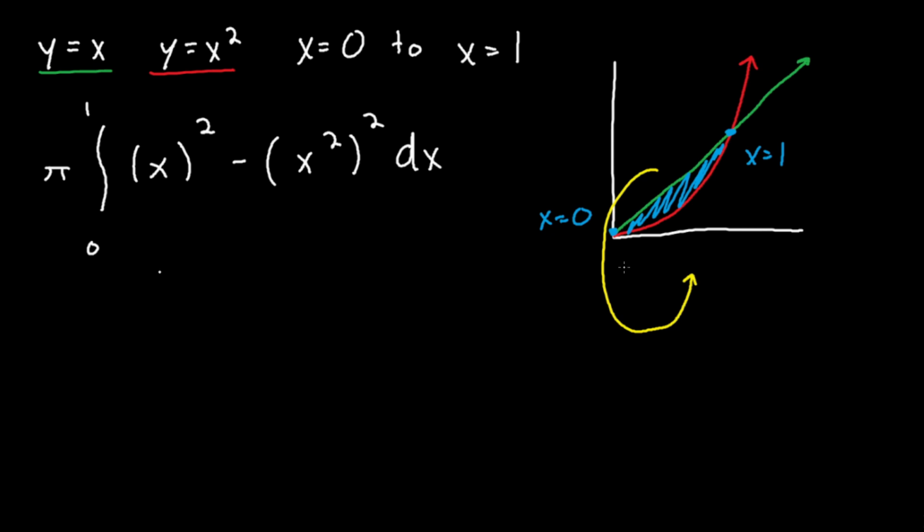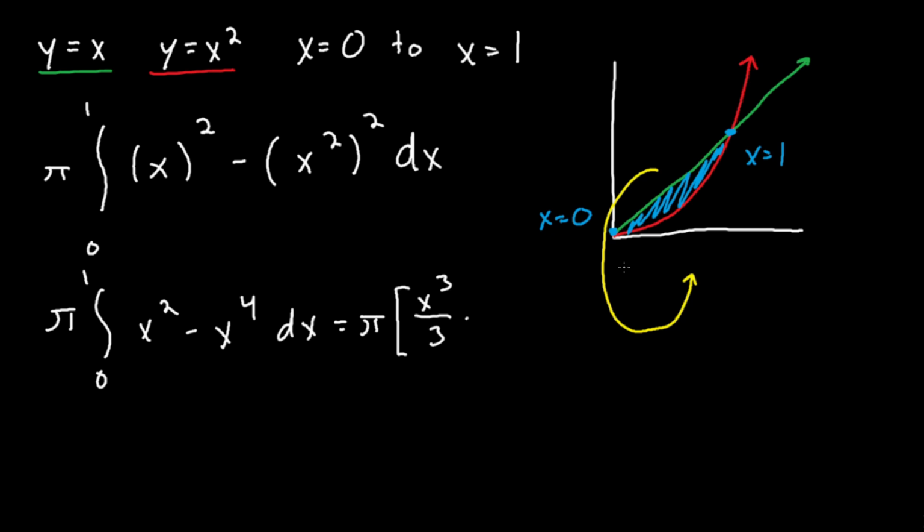All right, let's go ahead and evaluate this integral. This integral basically equals pi times the integral of x squared minus x to the power of 4 dx. Let's evaluate the antiderivative. So we have pi, and the antiderivative of this is x to the power 3 over 3 minus x to the power 5 over 5, from 0 to 1.